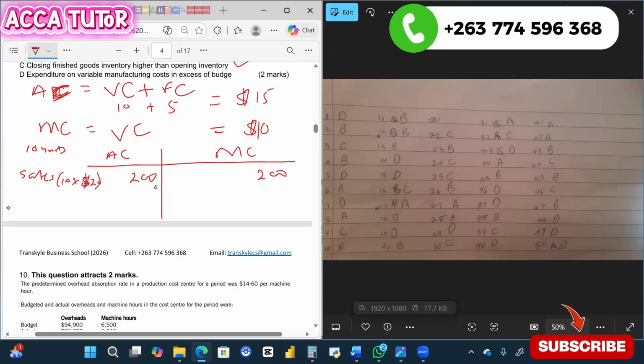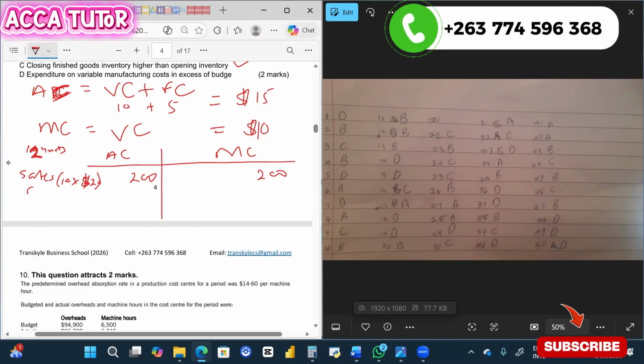Let's just say we produced 12 units, because we want to leave something as closing inventory. So we only sold 10 units and we made $200 as our sales.